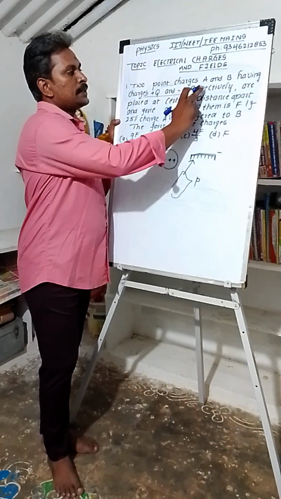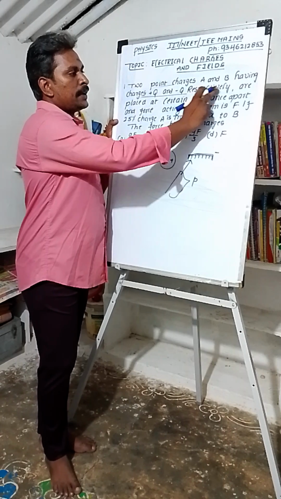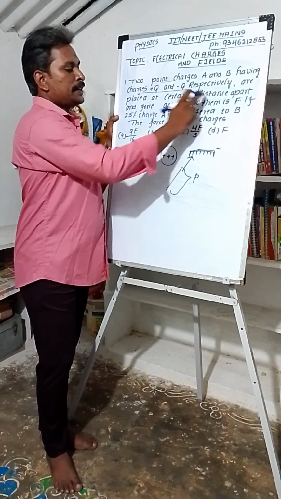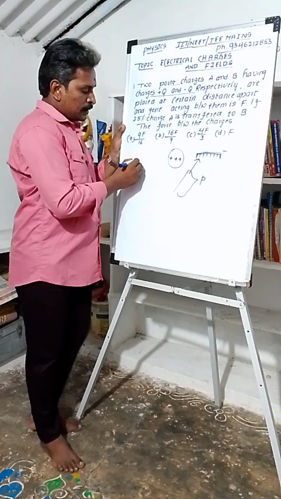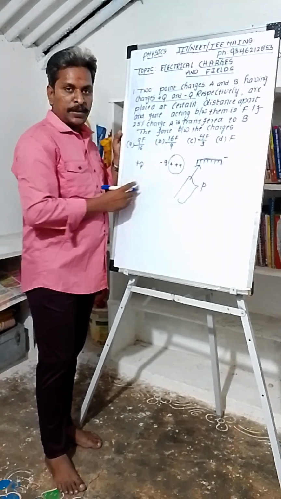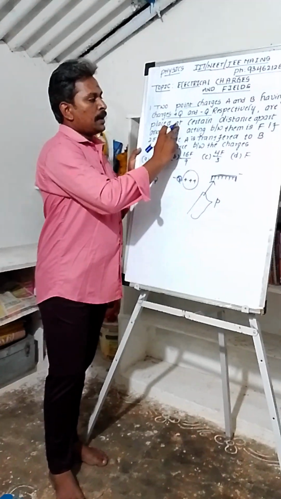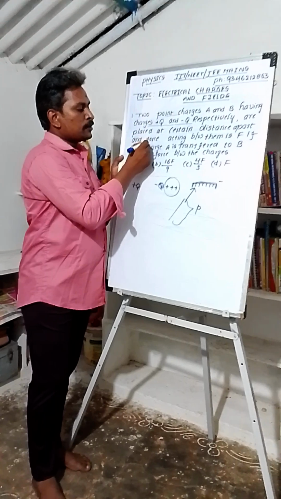So where we are discussing, there are 2 point charges plus q and minus q respectively, placed at a certain distance apart. That means this is equal to plus q and this is equal to minus q, a certain distance apart, in the force.